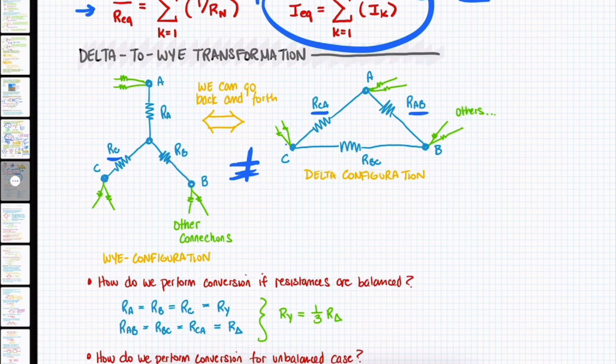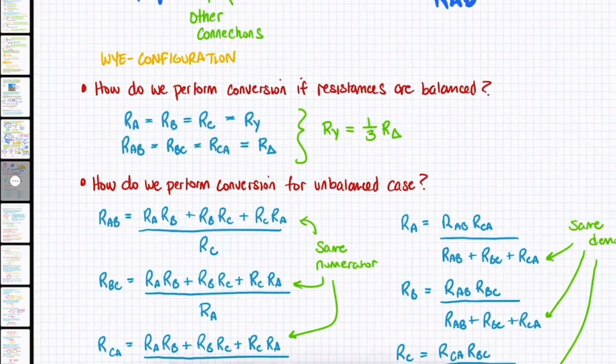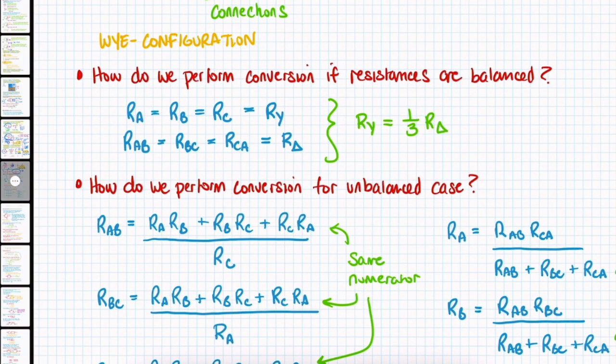Now, when the system is balanced, we don't need to talk about RAB, RBC. We can just call them all R delta, right? All three of these we'll just call R delta. Same thing over here, we'll call all three of these RY. Okay, so how do we perform the conversion if the resistances are balanced? What we see is that RA, RB, RC, they all can be given the name RY.